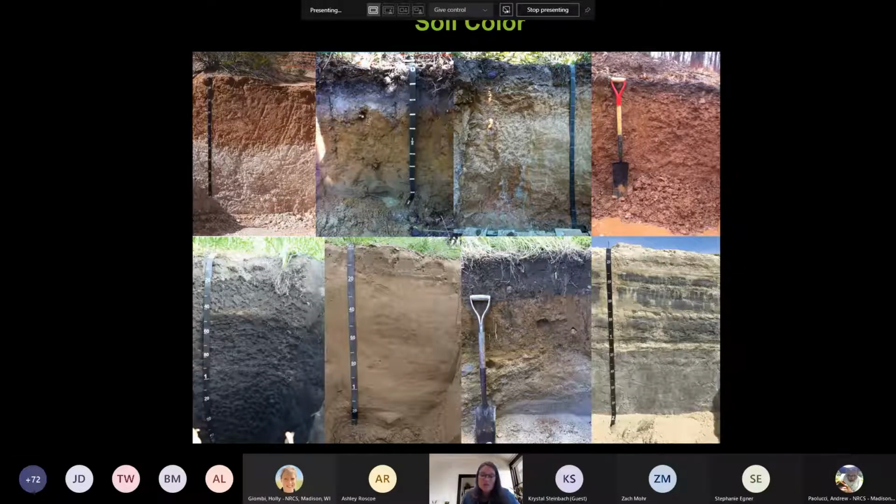Our uncoated soil particles are actually gray or white in color. We have two dominant pigmenting agents that kind of paint those soil particles. Those dark colors up at the top there, sorry, I can't use my cursor, so Andy, if you want to show where the dark is, that's due to organic matter, which gives the black or brown color. Our second pigmenting agent is iron, which gives that red, orange, or yellow color.